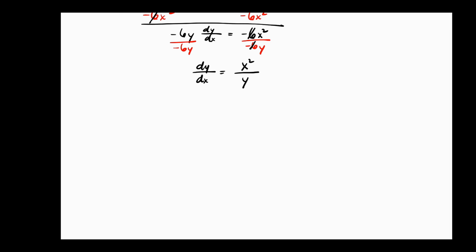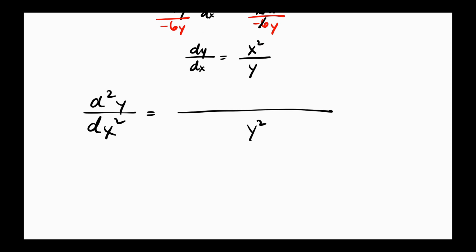Okay, so we've got d squared y over dx squared. We're going to have y squared on the bottom. Low times the derivative of the high, minus high times the derivative of the bottom.